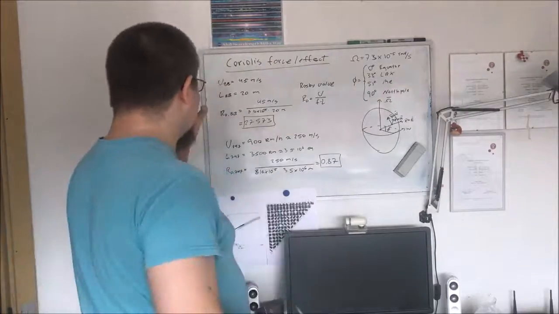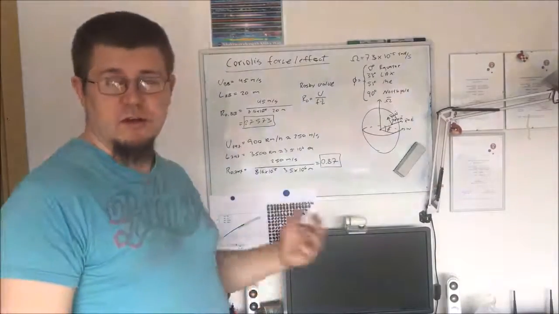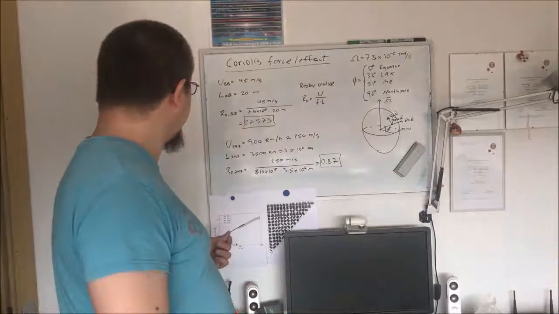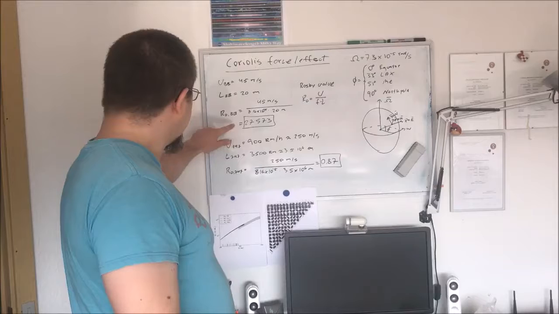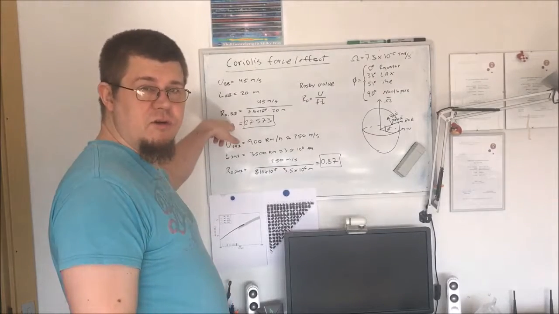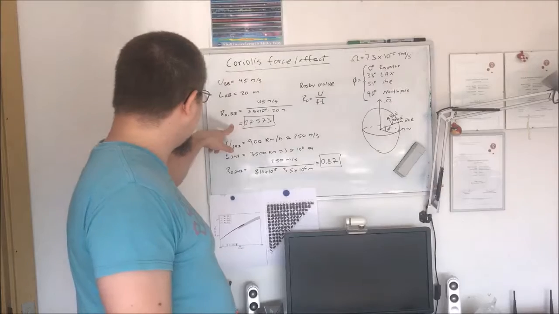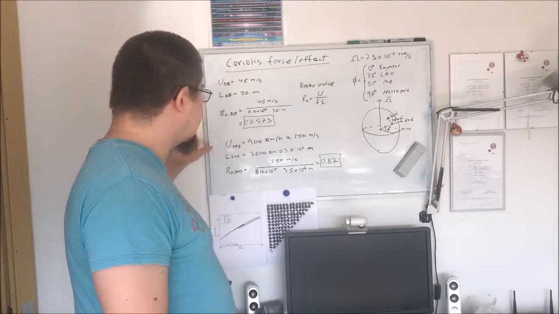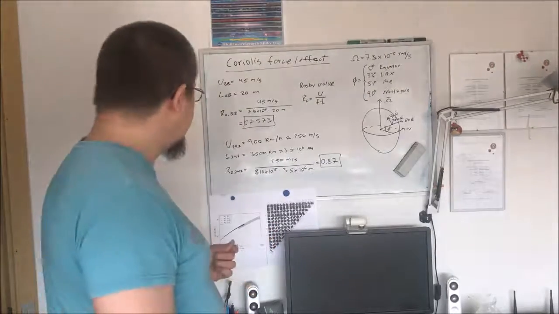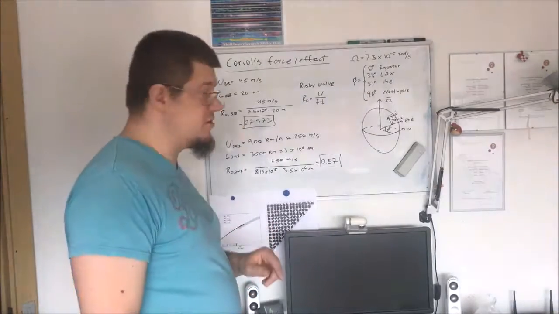The Rossby number shows the relation of the Coriolis force with respect to the other inertial forces. So if the Rossby number is very large, almost 28,000, that's pretty large, then the Coriolis force is insignificant compared with other inertial forces.